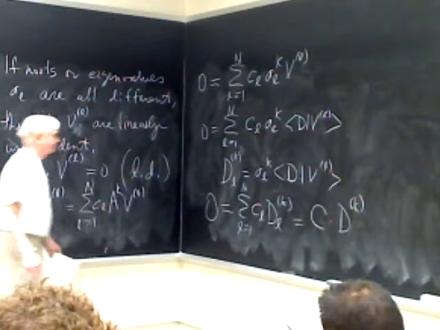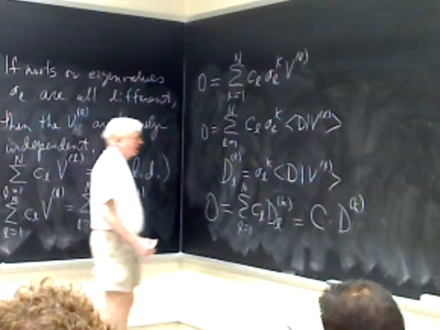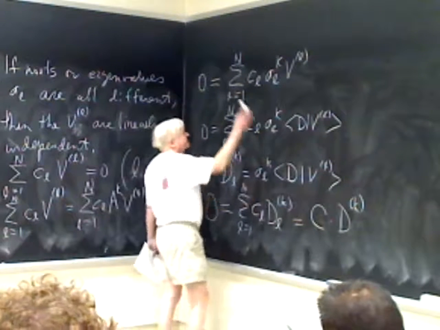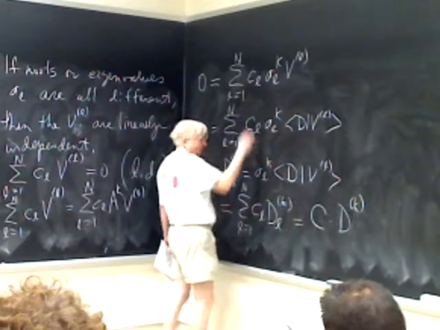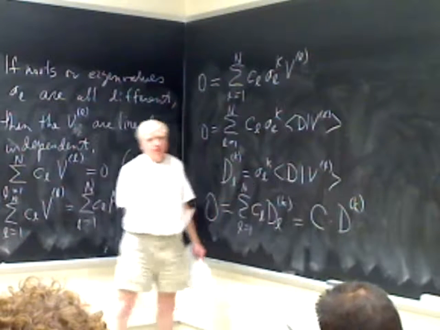Or if we wanted to, I could have used c star on the c's, and then I would have an adjoint here, and so it would look like a normal inner product.